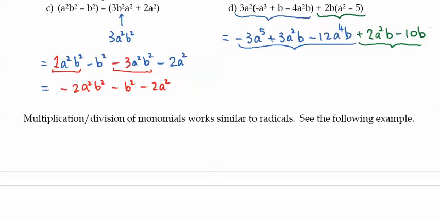And as I distribute the 2b into the second bracket, I rearrange the variables at the same time, and instead of having b times 2b times a squared, I have 2a squared b instead. That makes it easier to simplify your expressions, should it come with any like terms here.